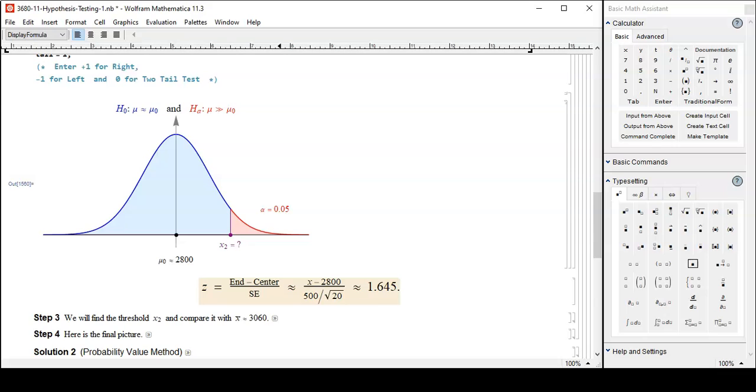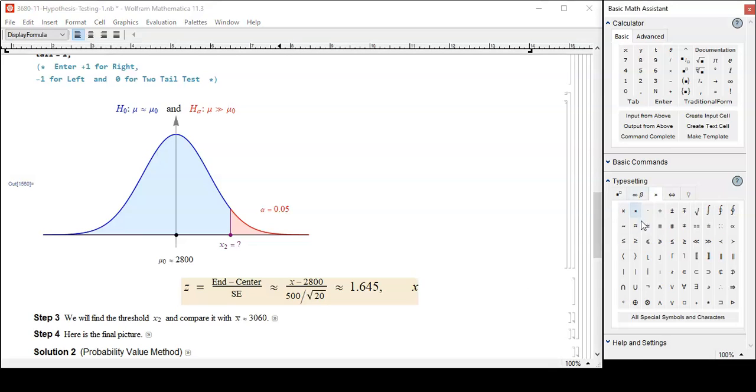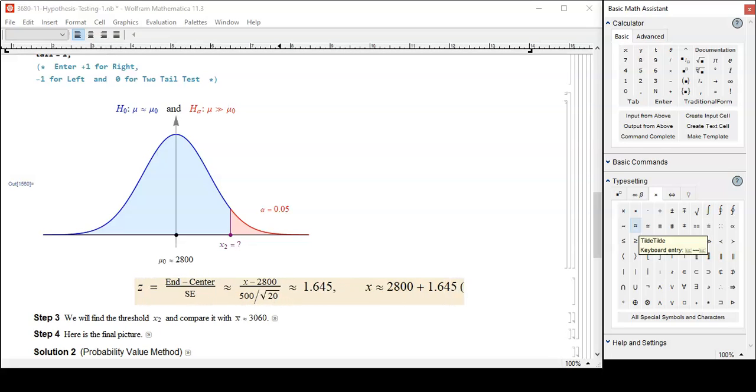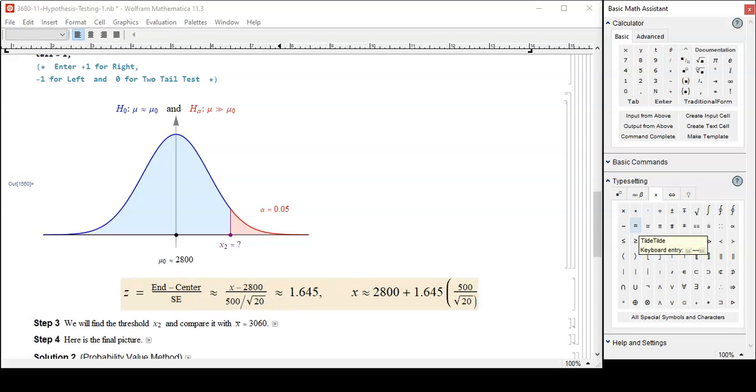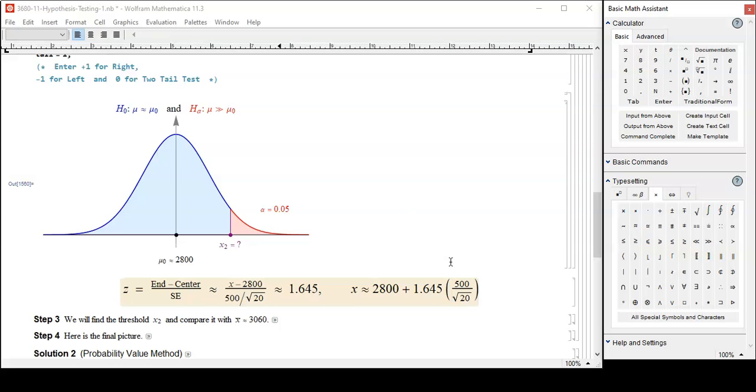And from here, solving this equation is not going to be too bad. So x is approximately equal to 2800 plus 1.645 times 500 over square root of 20. That's approximately equal to what?